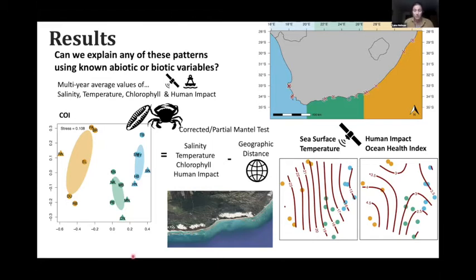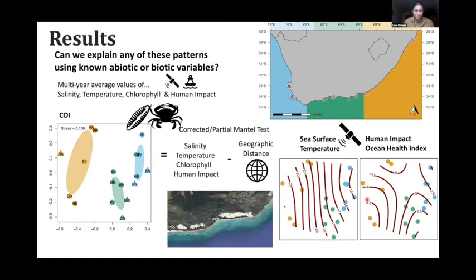Here you can see I've taken this NMDS diagram on the left, and I've used the same points and overlaid the variables, so you can see that what we expect is found in these charts. The hotter east coast sites would be predicted to have higher temperatures, and the human impact measures, as we'd expect as well. We don't expect one particular coast to have all the impact, so it's a more variable surface here.